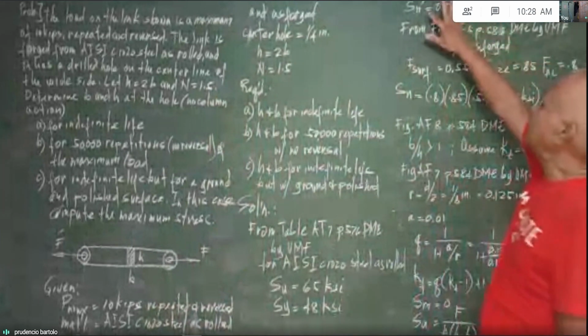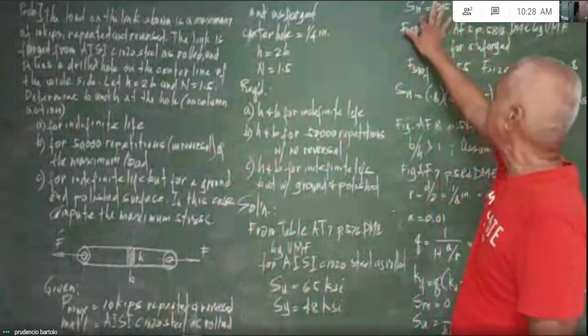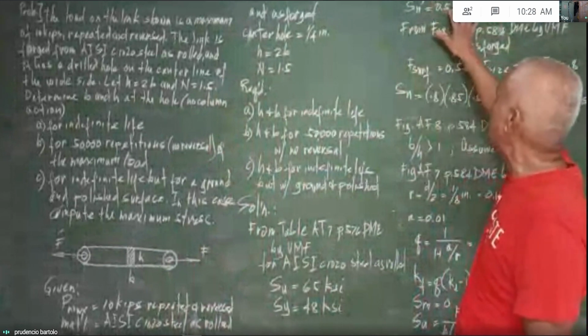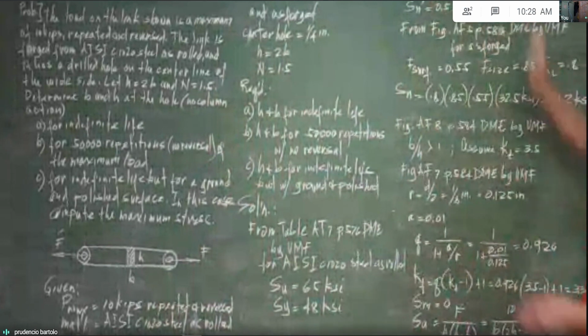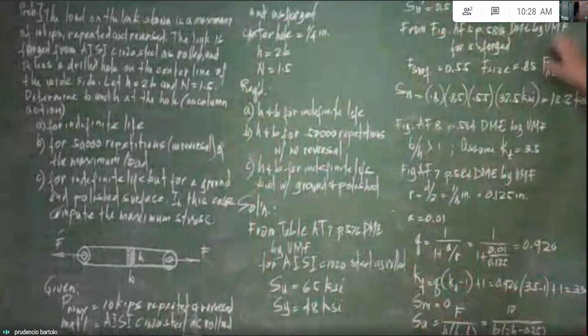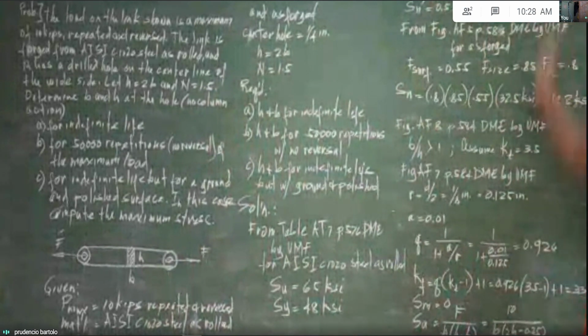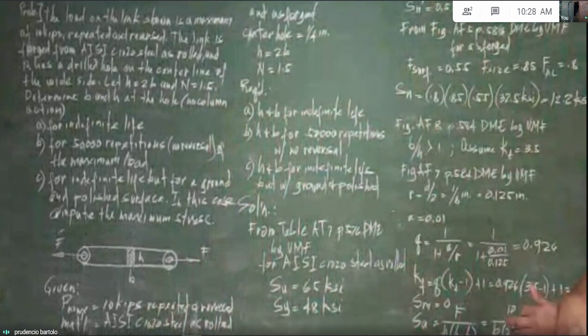To find the endurance limit, it is equal to 0.5 of SU, or 0.5 of 65 ksi, which is equal to 32.5 ksi.